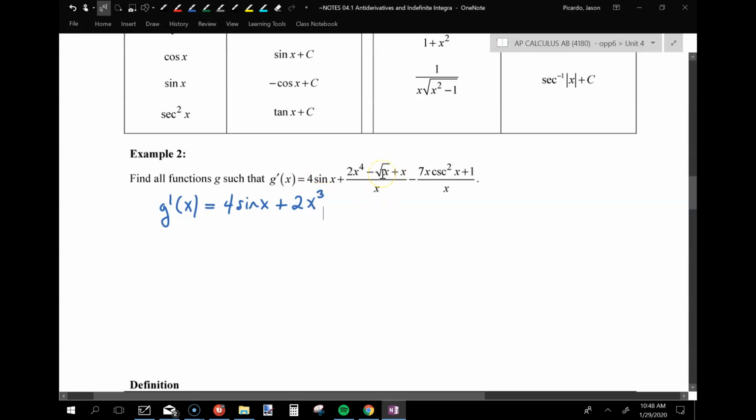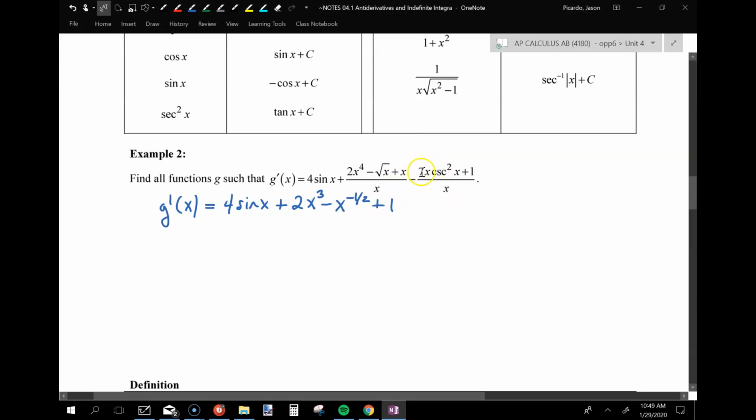Can x go into the radical x? Well, what's radical x the same as? x to the 1/2. And what do I do when I divide, subtract the exponents? So this is a half minus 1. So minus x to the negative 1/2. x divided by x. Careful with signs here.